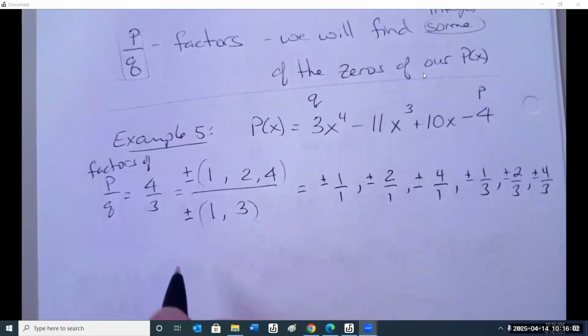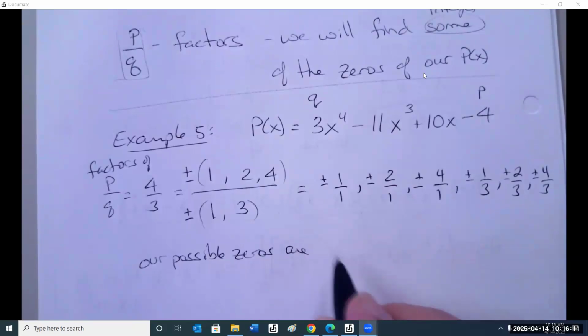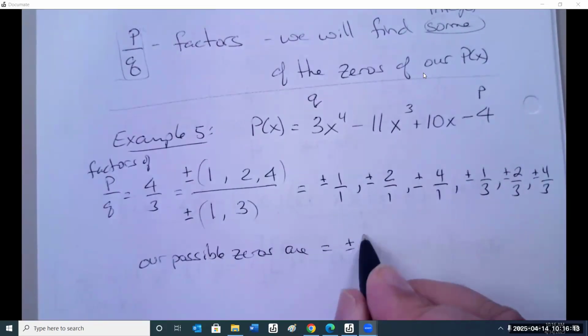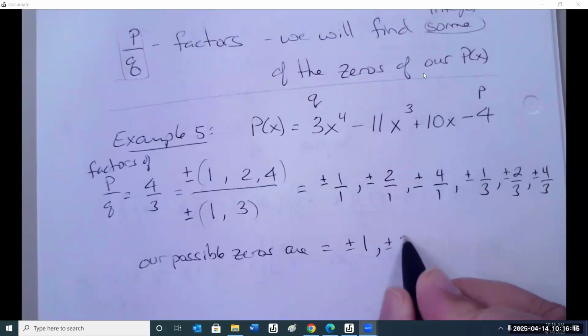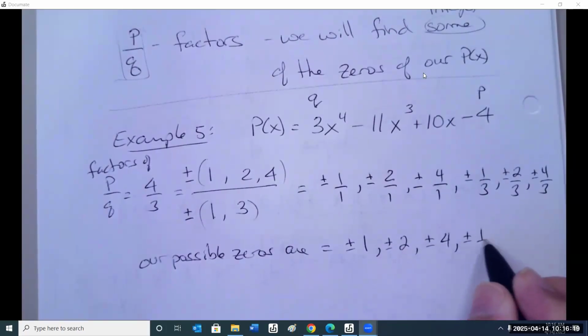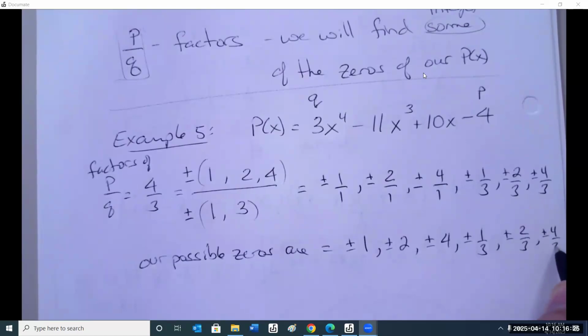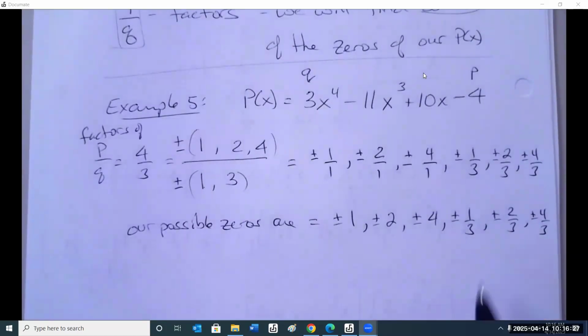Our possible zeros are plus or minus 1, plus or minus 2, plus or minus 4, plus or minus 1/3, plus or minus 2/3, plus or minus 4/3. We have those 12 numbers to try.